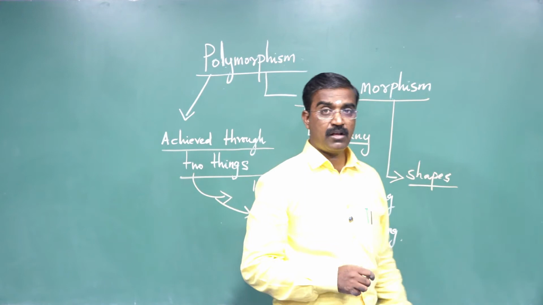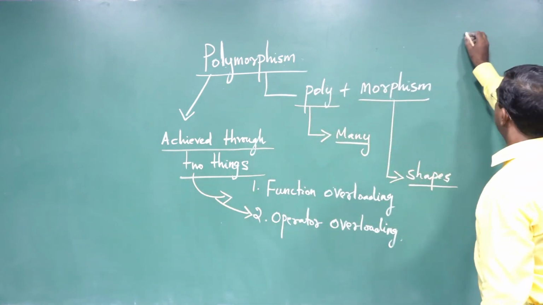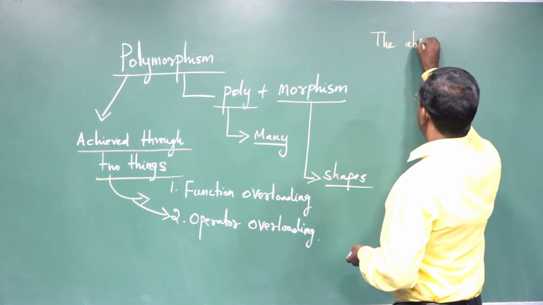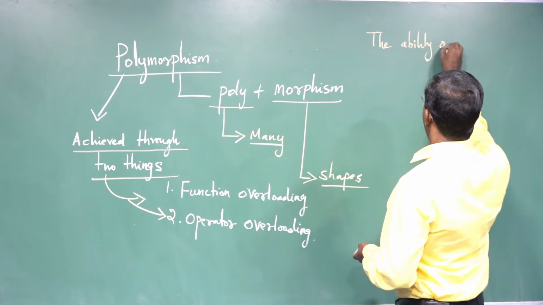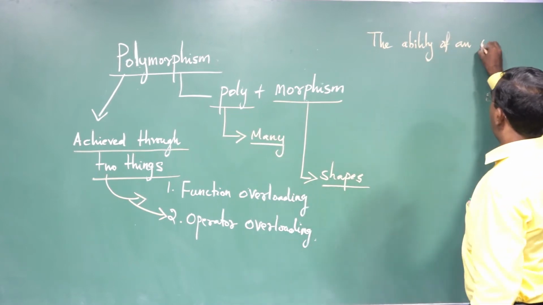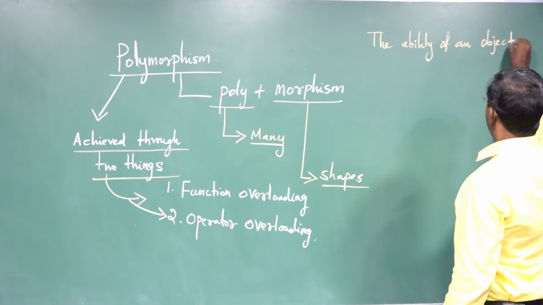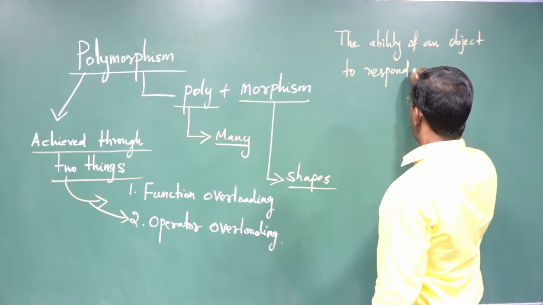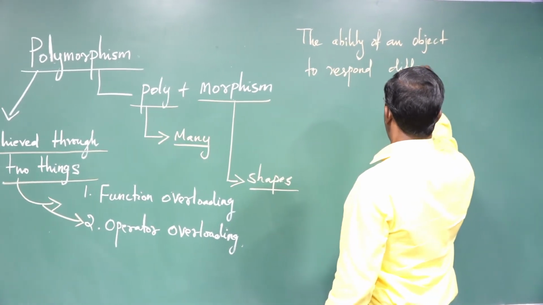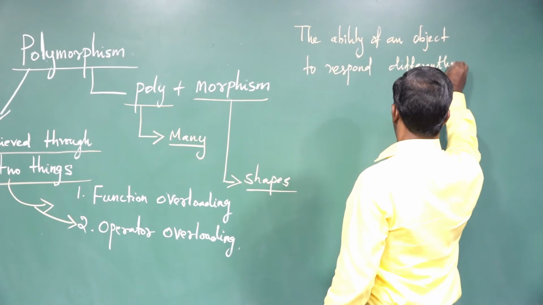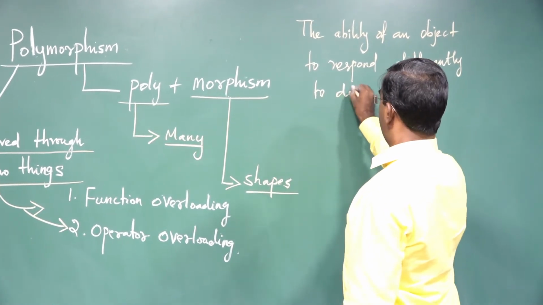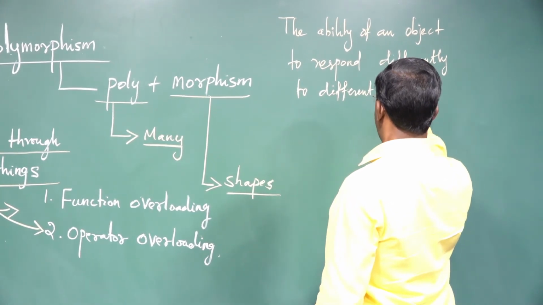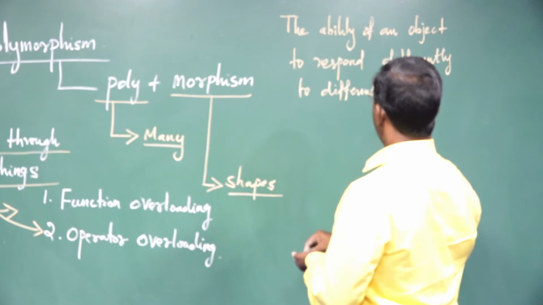Now the definition of polymorphism: the ability of an object to respond differently to different messages is called polymorphism.